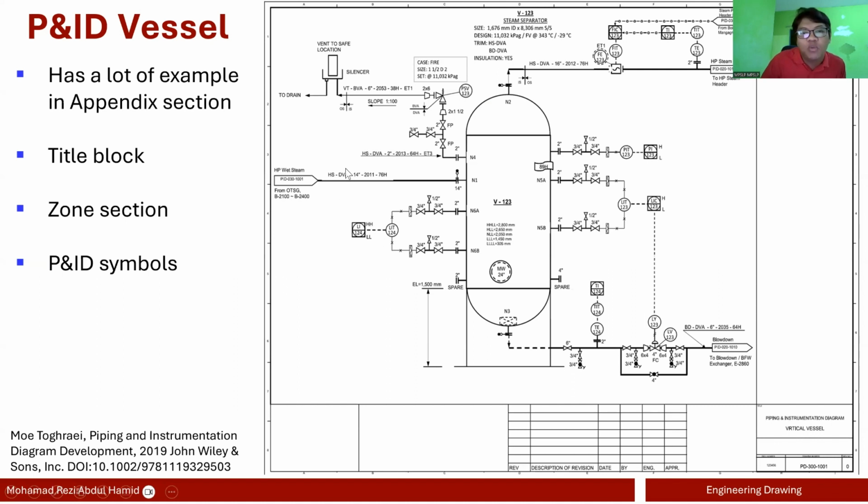But to be specific here, if you can see, they provide a description of where this line is coming from, because with a P&ID, as you know, you could draw the whole PFD in one drawing, but for a P&ID, because of its complexity, you have to zoom in on one unit and provide all of the symbols that will be installed on the unit.